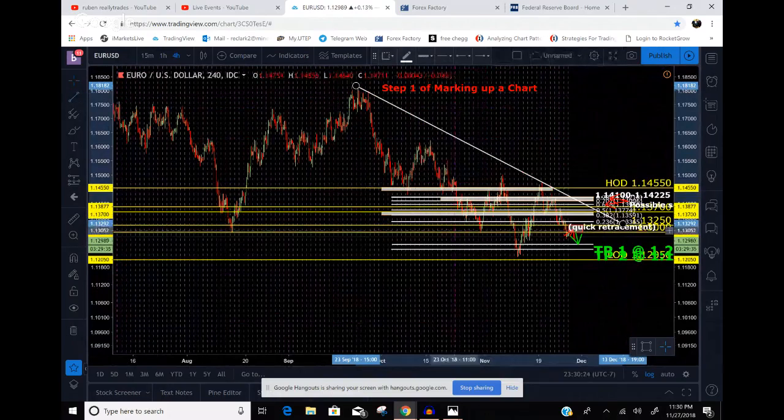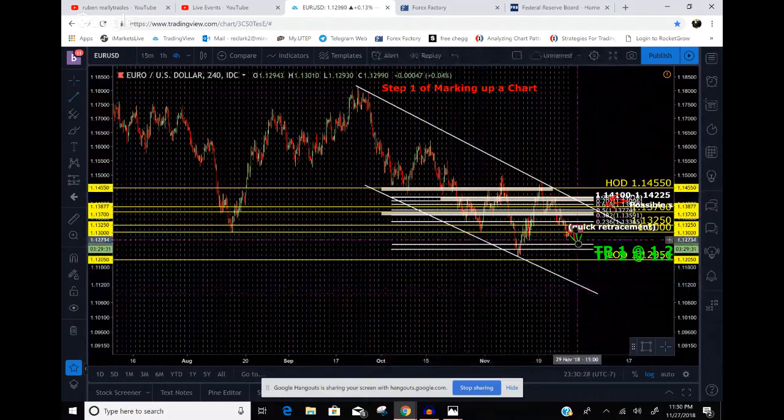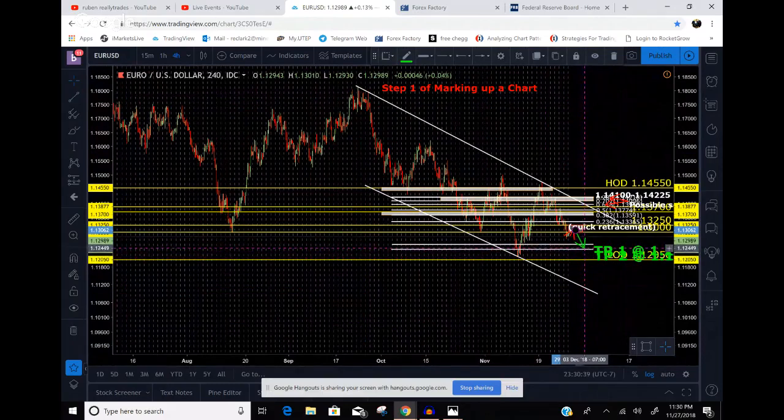And then it's making its lower highs. So I know it's kind of a little hard to see, but we can see that we have the channel right here. And so I definitely do want to see price bottom out anywhere between these two white lines and then down here. So that's what I got for EU.